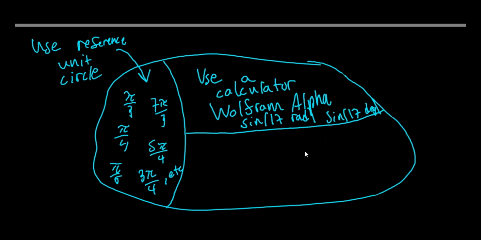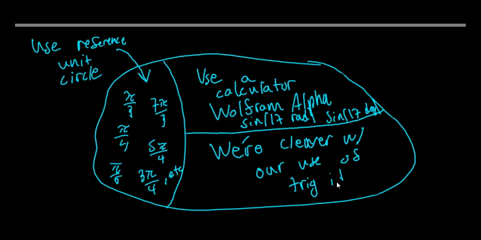And in the other sub-scenario, we're clever with our use of trig identities. I'll talk about this more in future videos, but to give you an advertisement of what this means: if we're asked to find the sine of an angle theta that doesn't fall into this category of common angles, we could rewrite it as the cosine, plus other stuff, or times, or anything, of angles that do fall into this category.